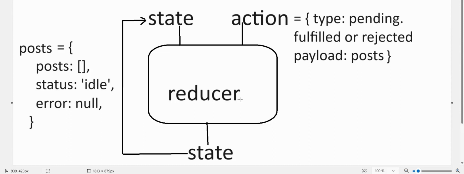We don't need status and error because local state receives what is needed, and only the post array is needed: updated, not updated, deleted, read, add a new post, etc. It's immediately visible.